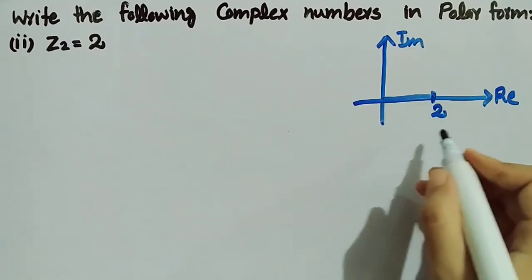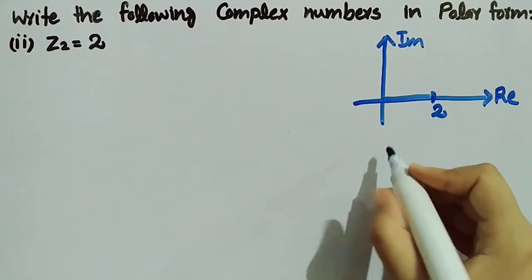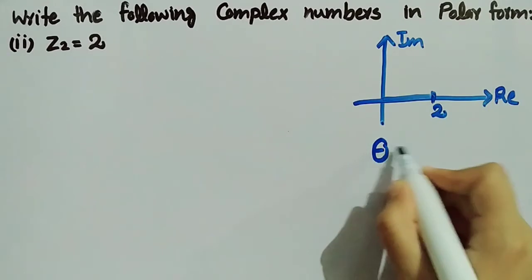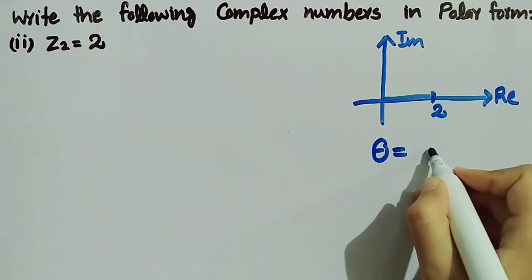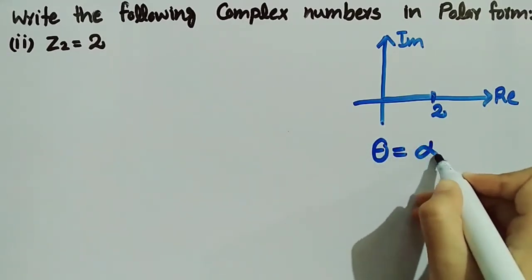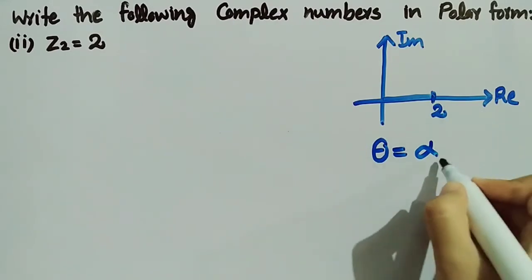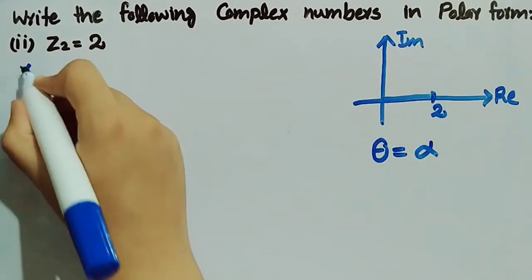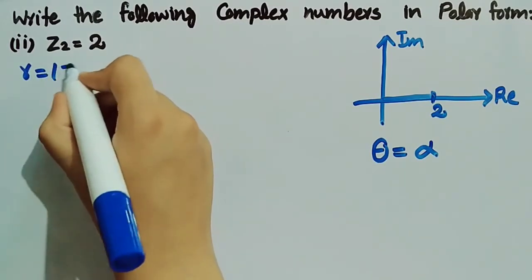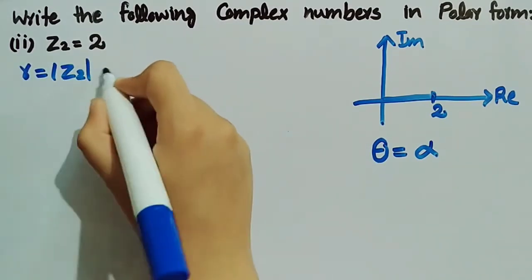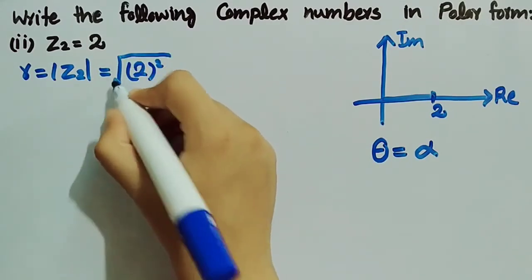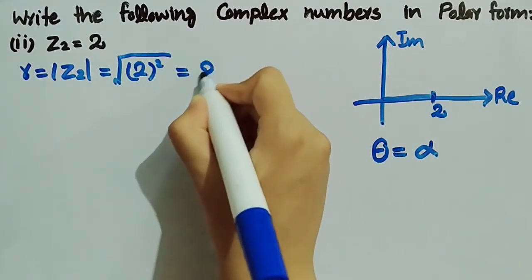When a complex number is on the positive real axis, then its principal argument theta is equal to the angle alpha which it forms with the positive real axis. Firstly, we will find the value of r which is equal to mod of z2, which is equal to square root of 2 square, which is equal to 2.